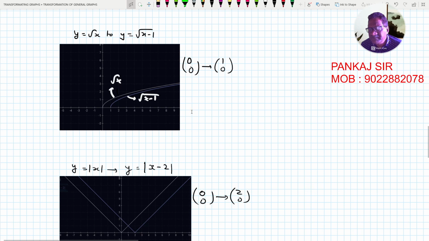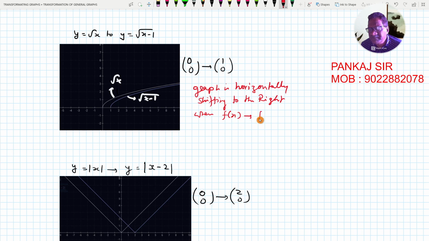So you can write here that the graph is horizontally shifting to the right when the transformation is from f of x to f of x minus k.